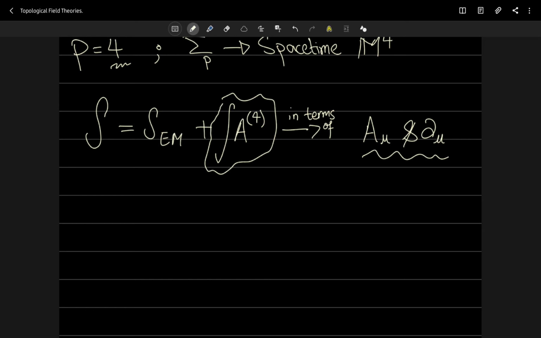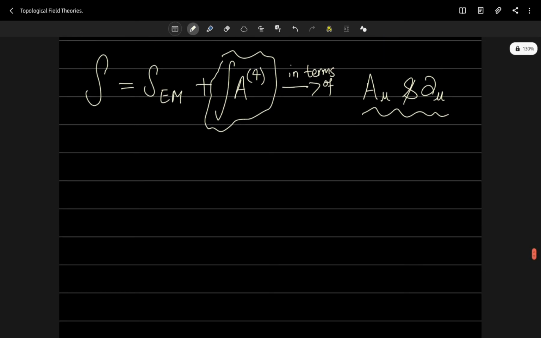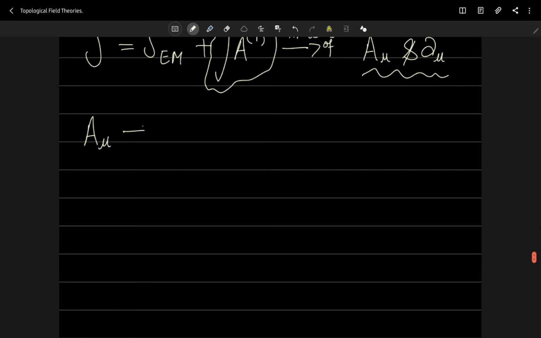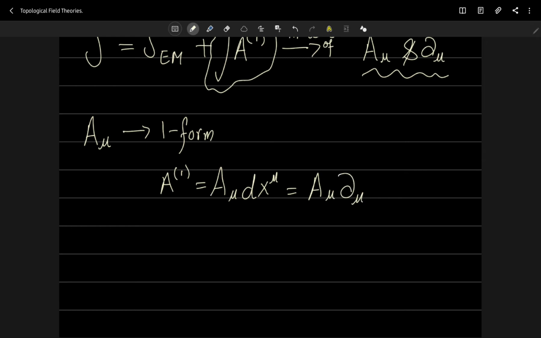Now, the first thing to note over here is, if you recall the P forms, that this A mu are actually the components of a one form, right? And so then I can write A1 equal to A mu dx mu, which is simply equal to A mu partial mu, right?